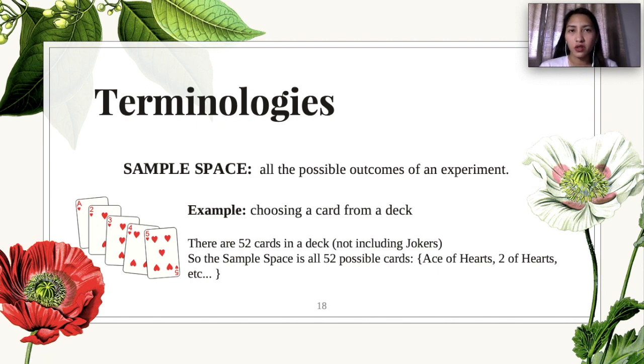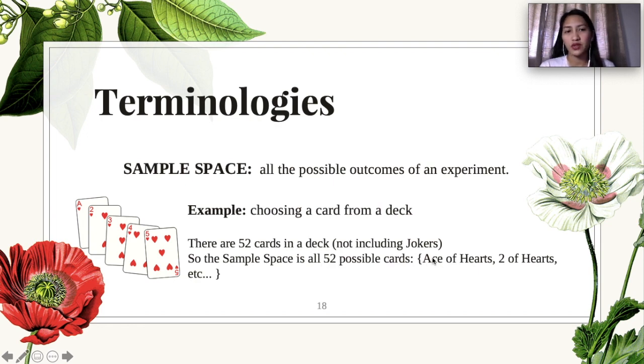The third terminology is what we call sample space. Sample space is all the possible outcomes of an experiment. An example would be if you want to choose a card from a deck, then there are 52 cards in a deck, not including jokers. So the sample space is all the possible 52 faces of the cards.